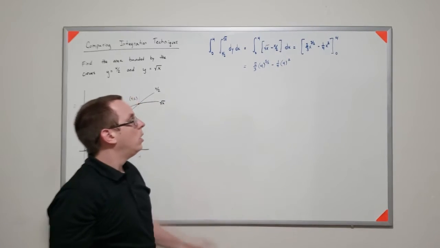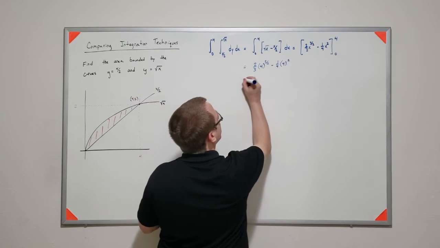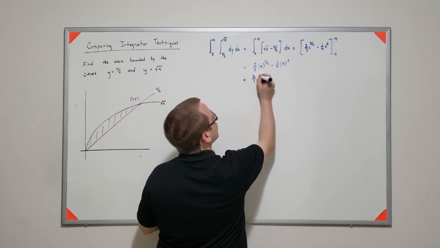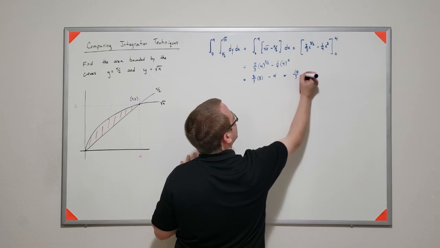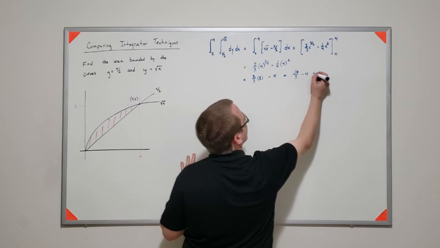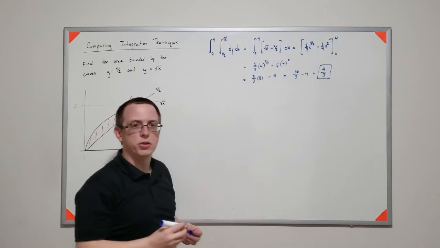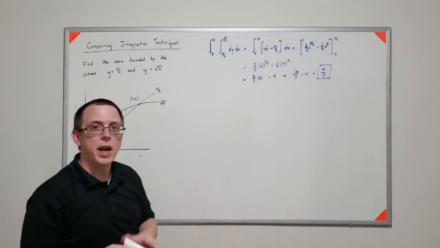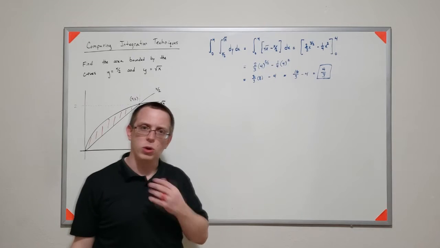And then the 0 cases, those drop out. So we get 2/3 times 8 minus 4, 16/3 minus 4, which is 4/3. So the area there is 4/3. And that's the way that we've learned so far.